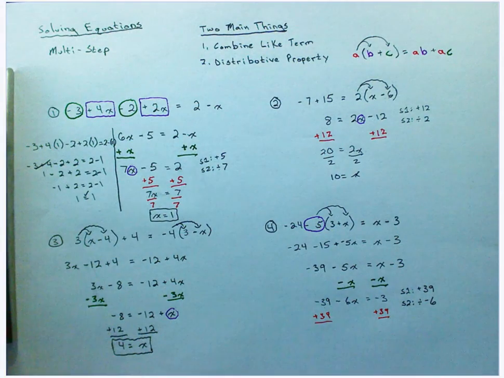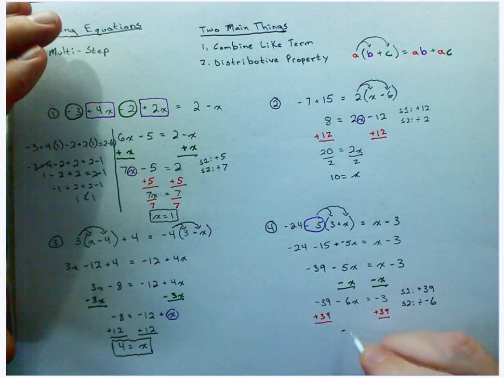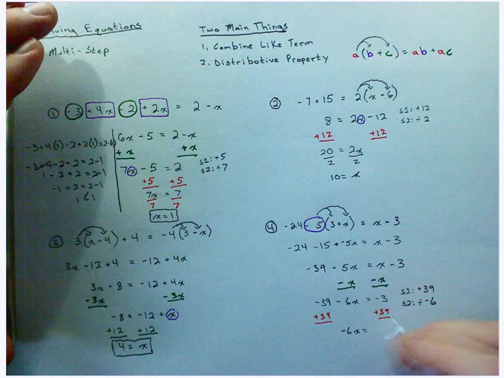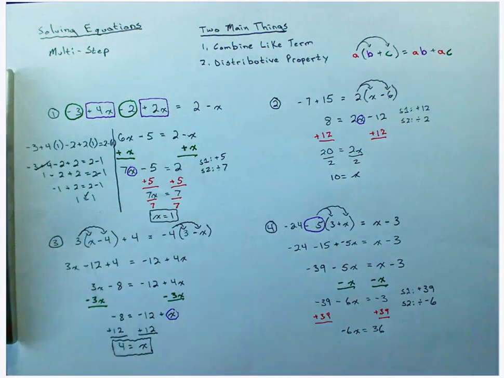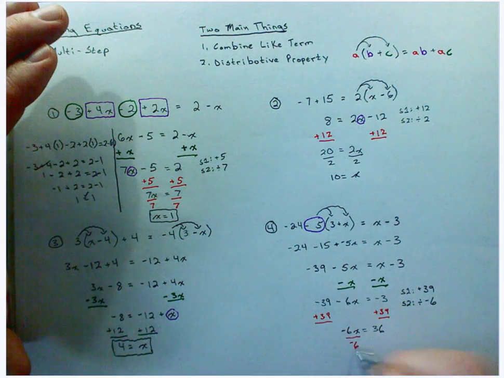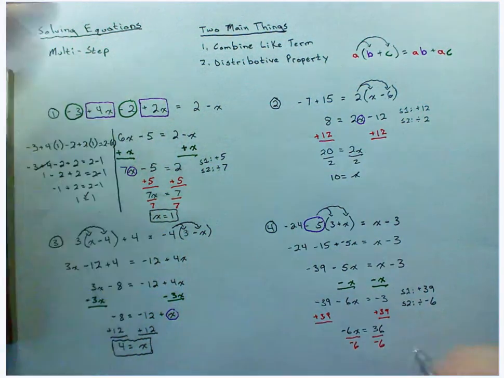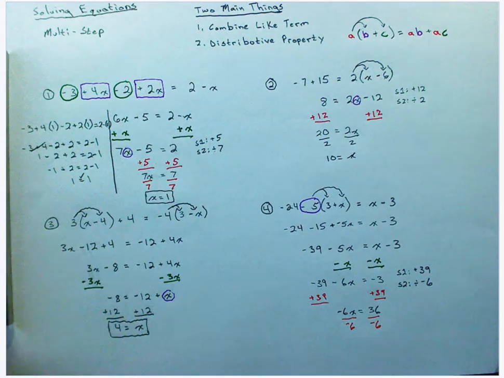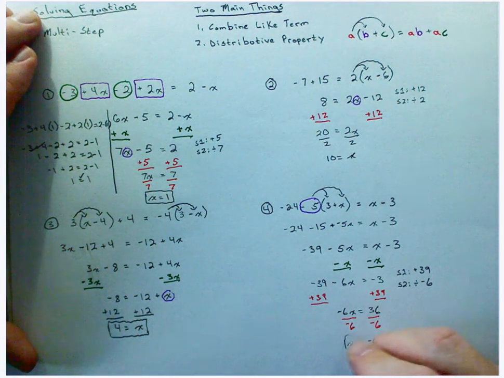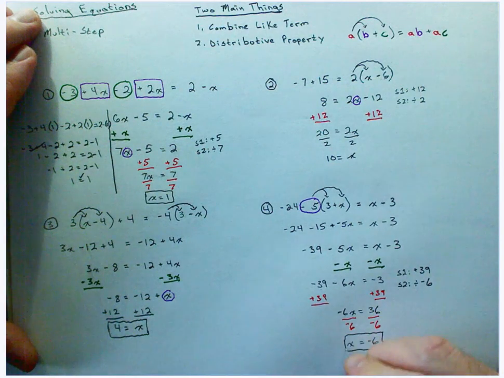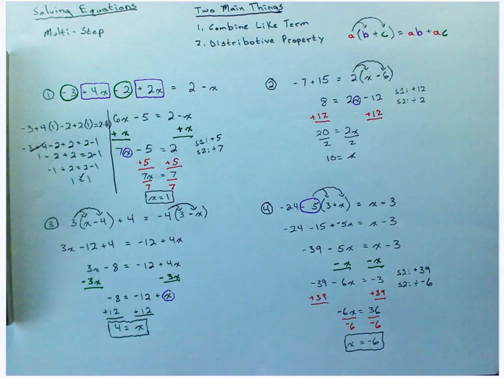I'm left with a negative 6x equals 36. Divide by a negative 6 on each one, and I have x equals a negative 6. Again, plug that in and be able to look at it.